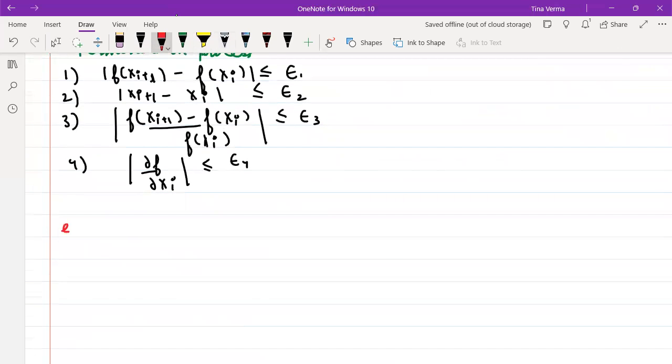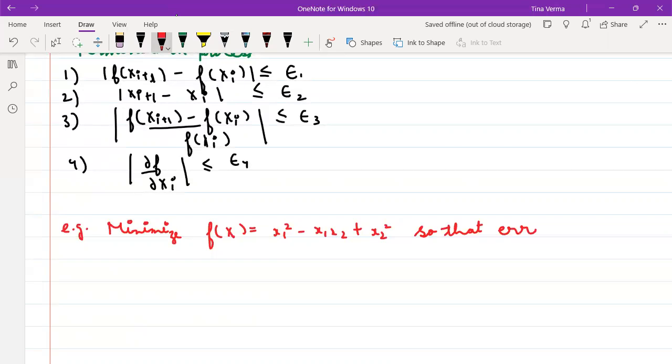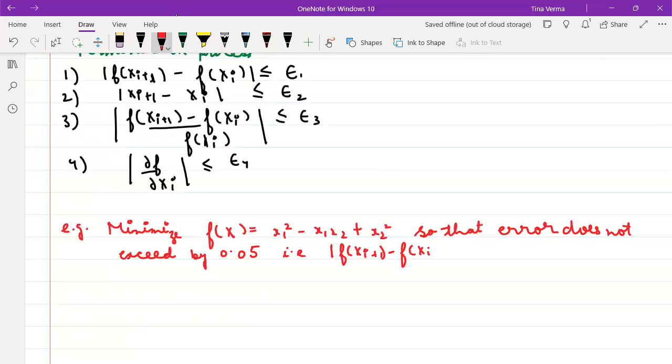So the first example is: minimize f of x is equal to x1 square minus x1 into x2 plus x2 square, so that the error does not exceed 0.05, that is f of xi plus 1 minus f of xi should be less than or equal to 0.05.